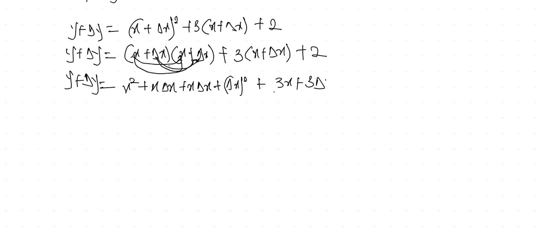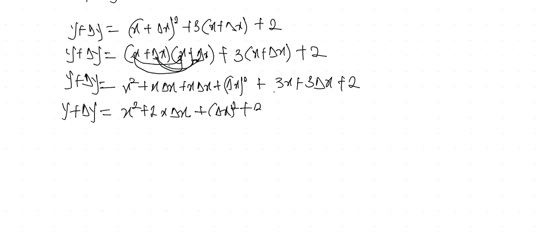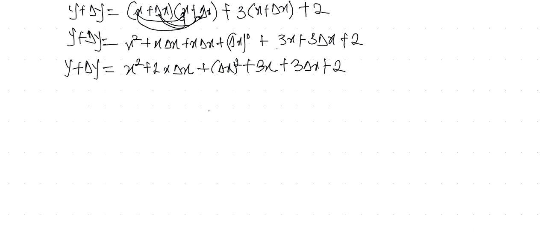So y plus change in y is equal to x squared plus 2x change in x plus change in x squared plus 3x plus 3 change in x plus 2. Okay, don't forget that y is equal to x squared plus 3x plus 2.